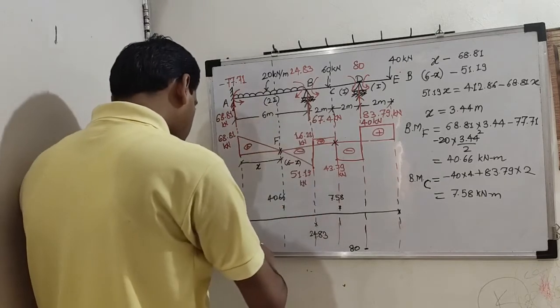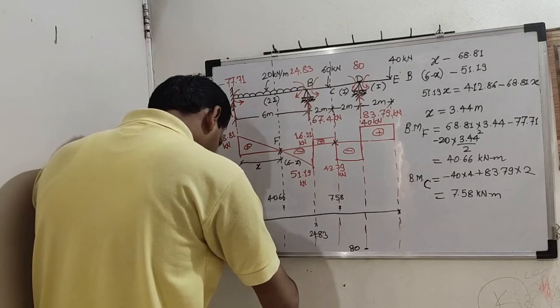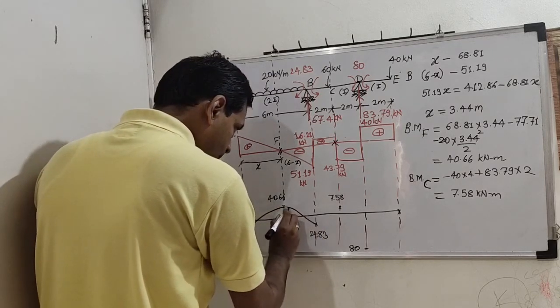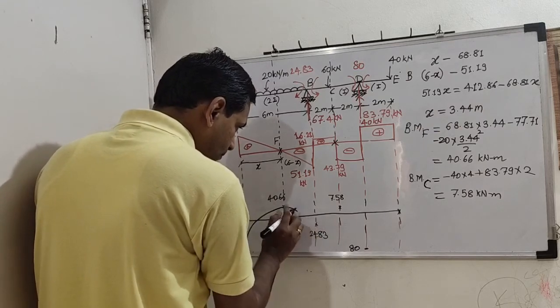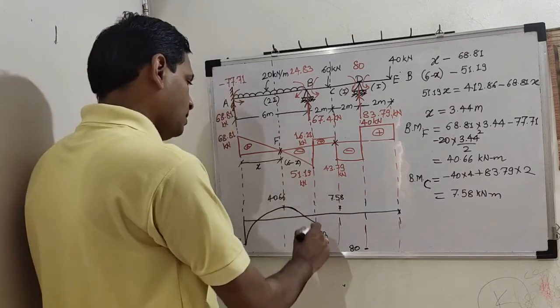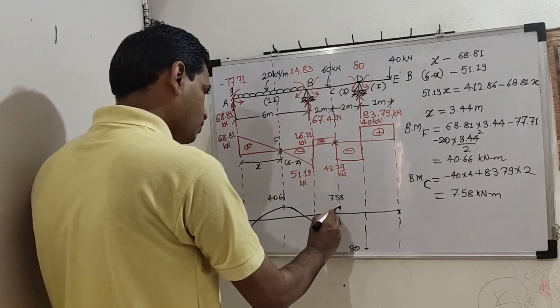So join these ordinates. A to B is UDL, so something like this. Then everything is point load, so straight lines, no curve.